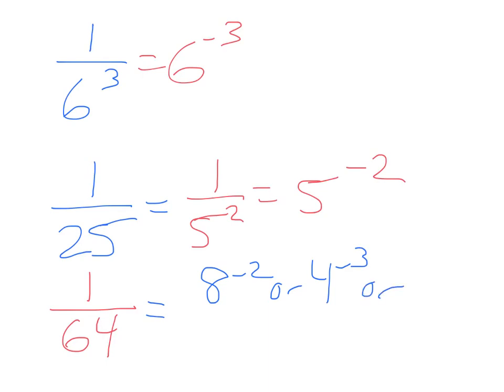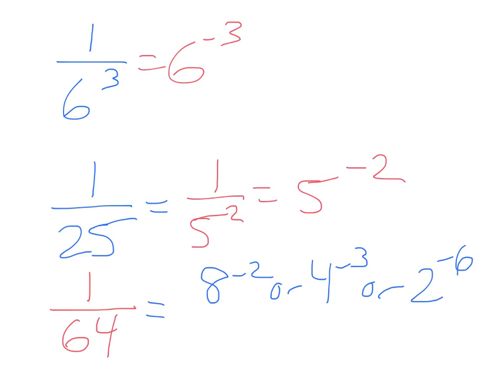Or, there's one more possibility: 2 to the negative 6 power. So there are a variety of different answers I could have done depending on how I factored the different things. But in all honesty, they're actually all the same. But I'll explain that another time.